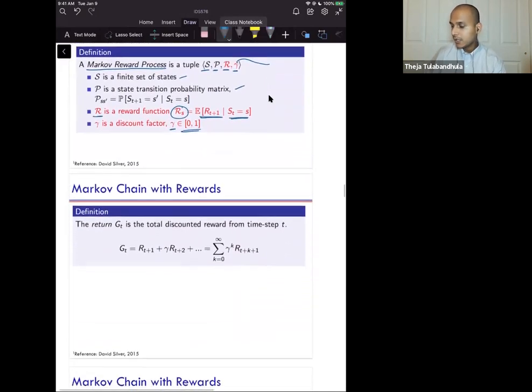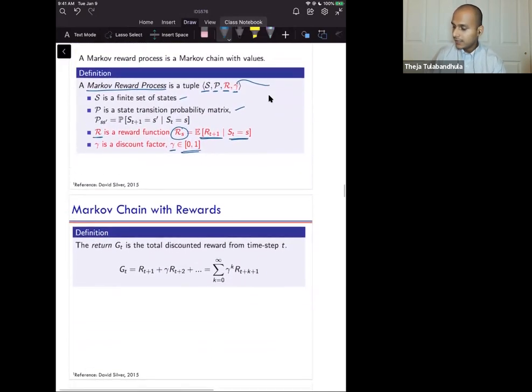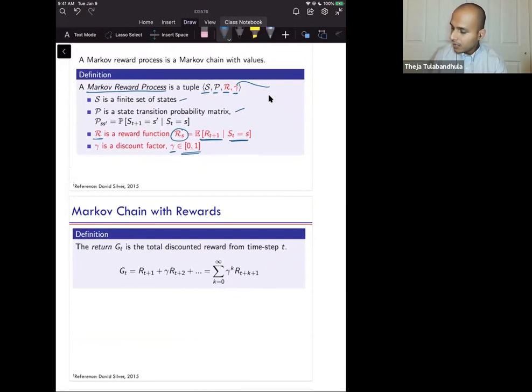What you can do with these rewards is the following. You can compute the following random variable, which is the total discounted reward from time step t. Let's say you have this Markov chain, and you look at the tth time period random variable.